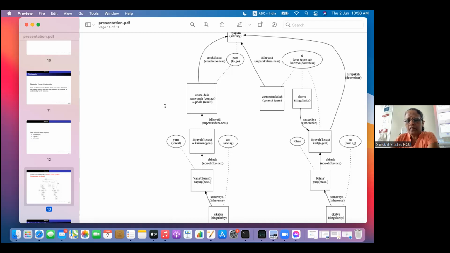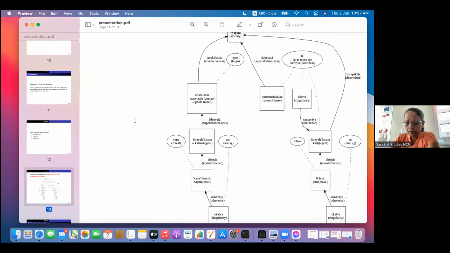And thus, from all this, we finally get the meaning that it is Rama who is the agent of the activity of going, and the goal or the destination of this activity of going is the forest.